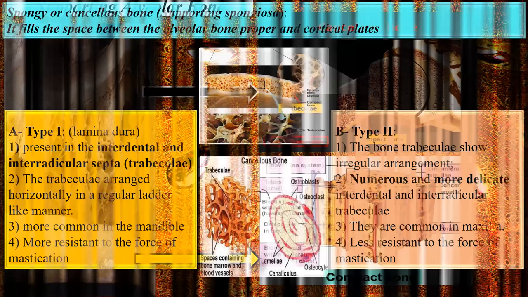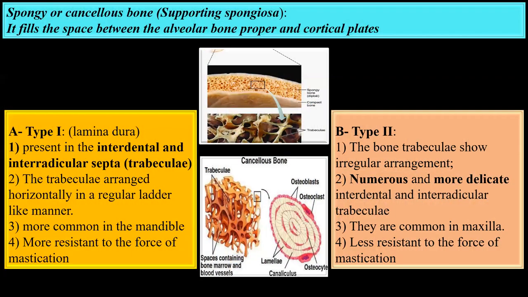The cancellous bone, the other name being the spongy bone or the supporting spongiosa, as you have seen in the picture, fills the space between the alveolar bone proper and cortical plates. In a little more detail, this cancellous bone has two types. Type 1 is predominantly present in the interdental and interradicular septum, and the trabeculae are arranged horizontally in a regular ladder-like pattern.